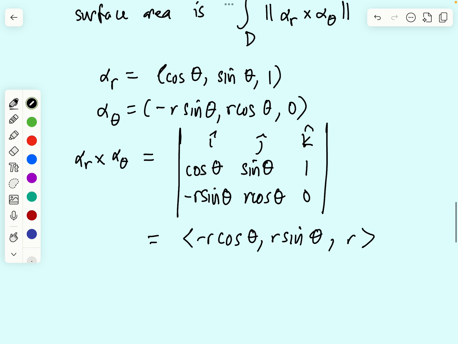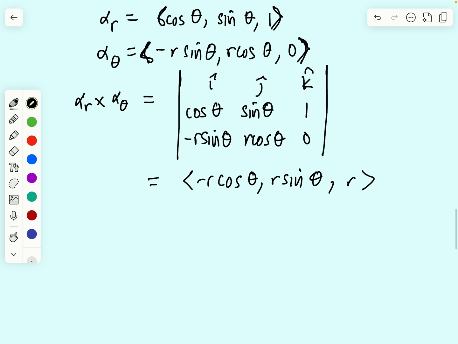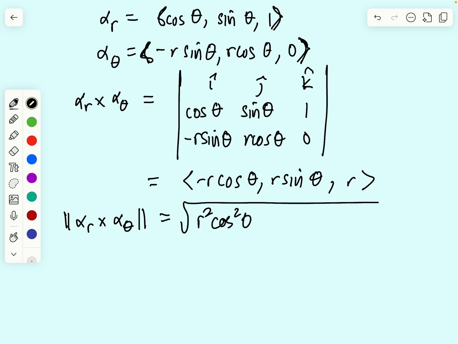I'll put angled brackets to indicate that I have a vector. It doesn't really matter. Okay, now we need to find the magnitude of this. So I get the square root of r squared cosine squared theta plus r squared sine squared theta plus r squared.